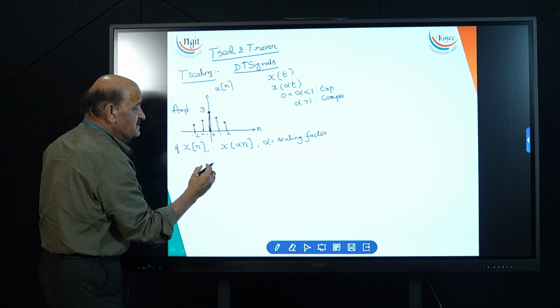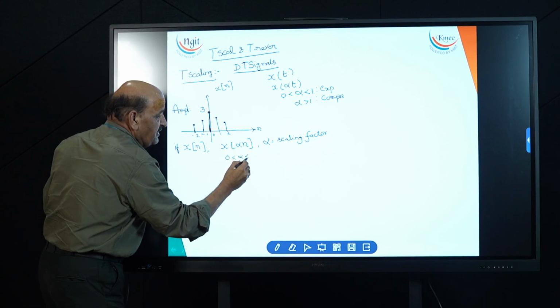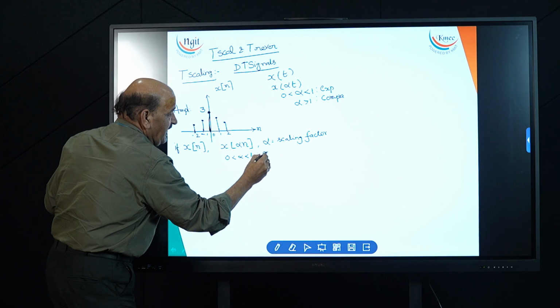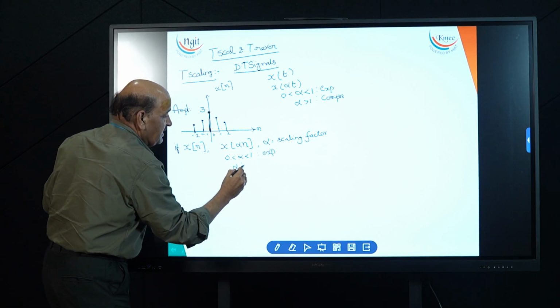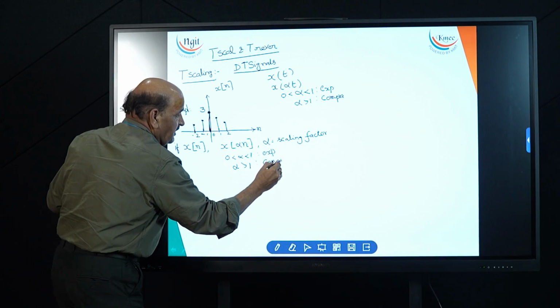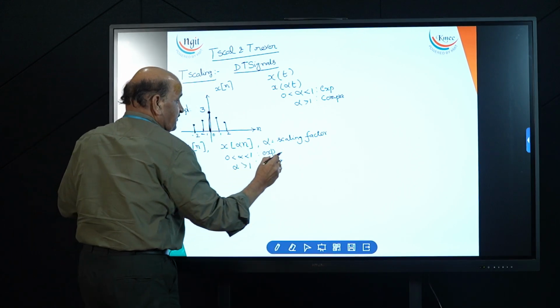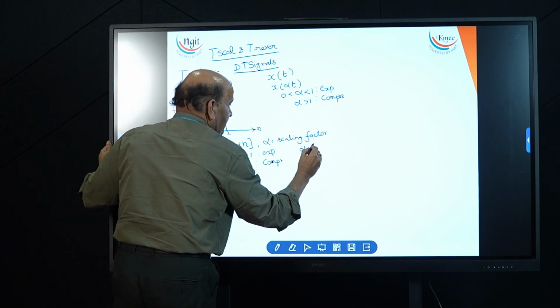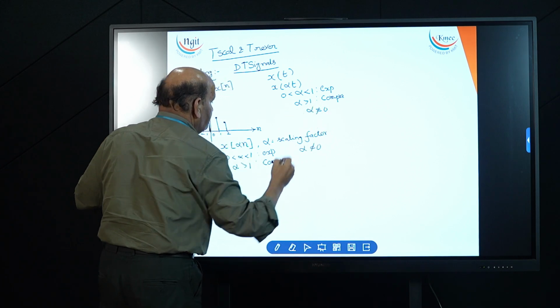The same conditions apply. If alpha is greater than 0 but less than 1, it is expanded. If alpha is greater than 1, it will be compressed. But in any case, alpha is not equal to 0. Here also alpha is not equal to 0.